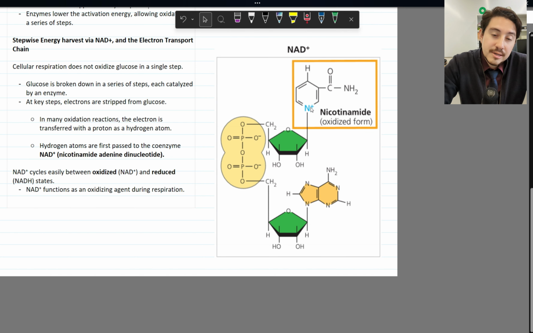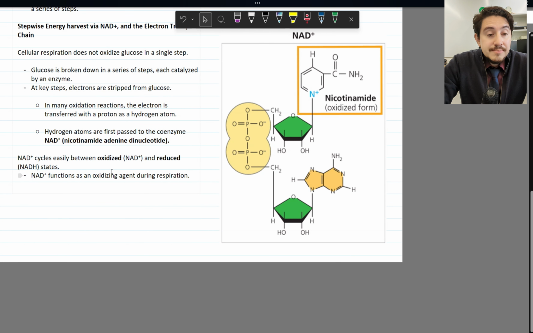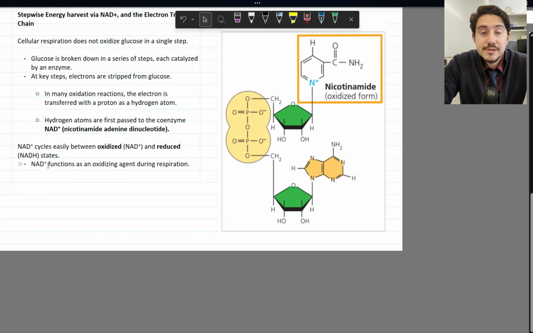Here's the nicotinamide in its oxidized form. You have this nitrogen plus atom there, so that it can cycle easily between an oxidized state and a reduced state. So you have NAD plus cycling easily between its current form and its reduced state or form, which is NADH.